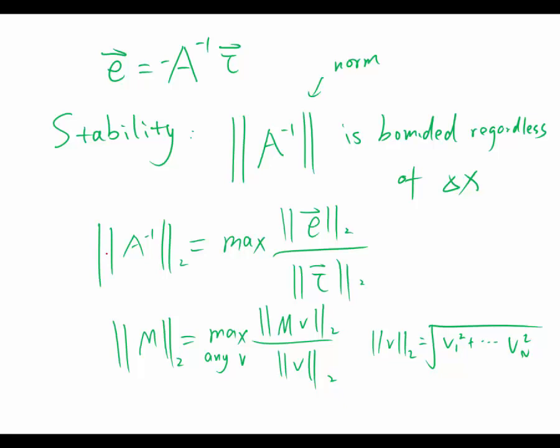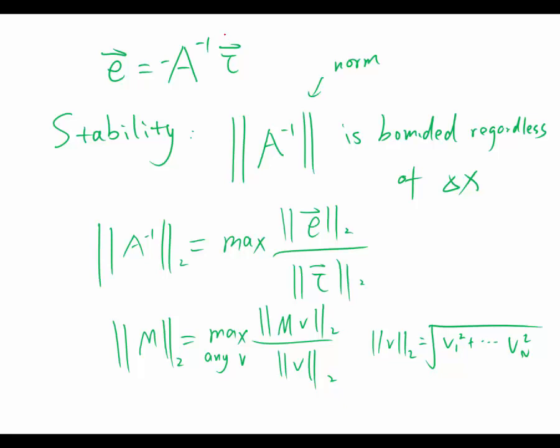Okay, and you have this. So the norm of the matrix A inverse defines the maximum ratio between the solution error and truncation error, because the solution error is equal to the matrix A inverse times truncation error. And the norm is independent of the minus sign.